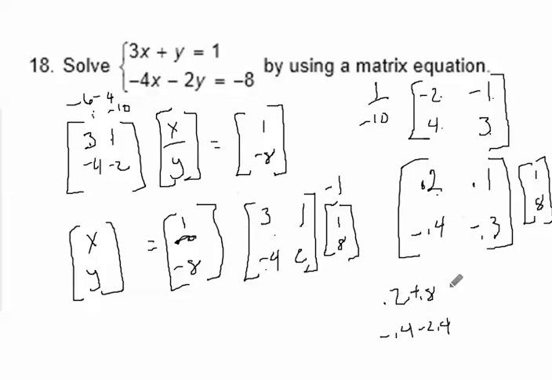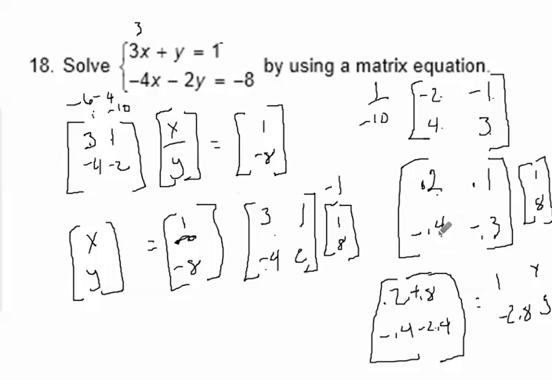So when I do that little math, what I'm going to wind up with is 1 and then, I believe, a negative 2.8. And my x and y values are that, x, y. So x is a 1. So if I put a 1 in here, I'm going to get a 3 equals 1. Subtract the 3, I should get a 4 out here.